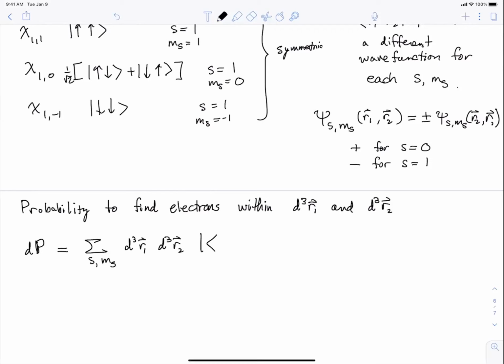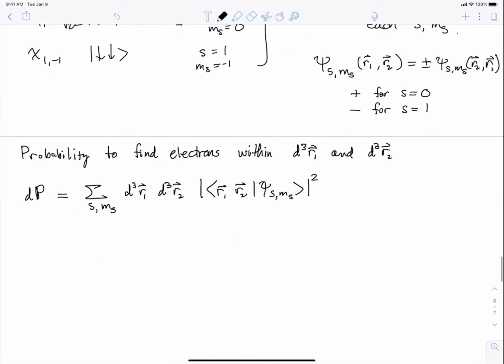Okay, multiplied by the wave function for that spin combination squared. So the idea here is, let's say I choose my origin there, and then I draw a little infinitesimal box of volume d3r1 at the position r1. And then I draw a different infinitesimal box here.